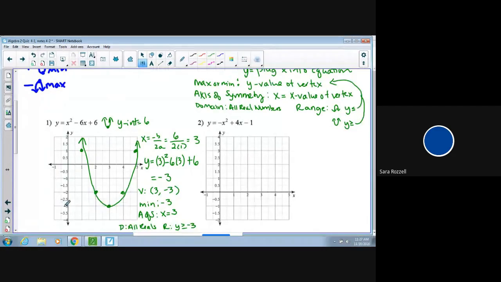It's a minimum value, and the lowest it goes is negative 3. The axis of symmetry that cuts through the middle is at positive 3. Our domain is all reals all the time. And our range starts at negative 3 and goes up. If the graph was drawn a little bit bigger, we would see that we would cross at 6 on the y-axis.